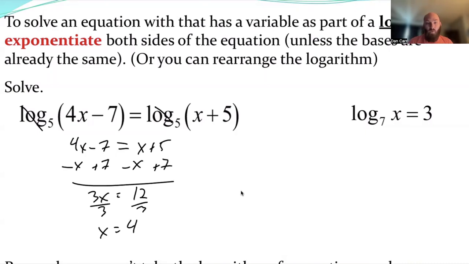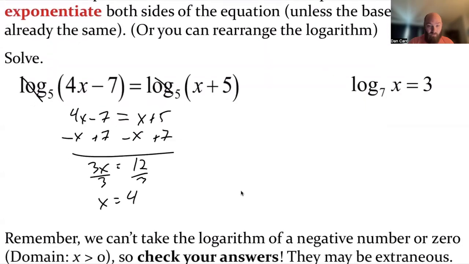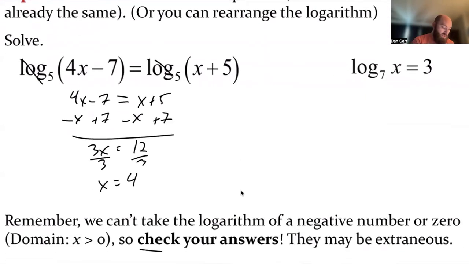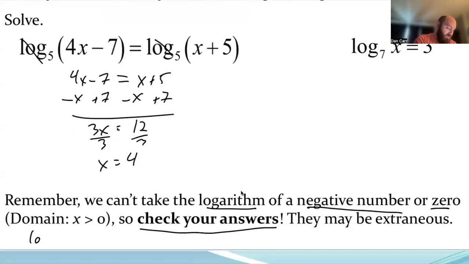When we do this, you have to be a little bit careful. We actually do still want to check our answers here, because with logarithms, we cannot take the logarithm of a negative number or 0. Think about what that means. If I try to take the log of 0, I'm implying that some base x raised to some value would equal 0.